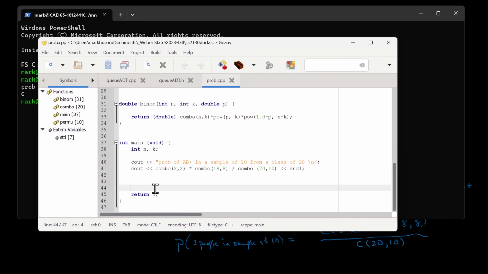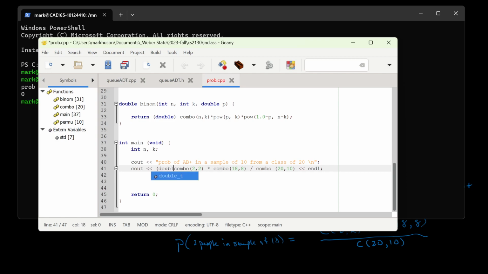In the program, remember your probabilities are going to be less than 1, usually. So if I leave these as integers, I'm not going to get the right answer. So I'll do a double, I'll cast here. I'll do the combo there before I do the division.